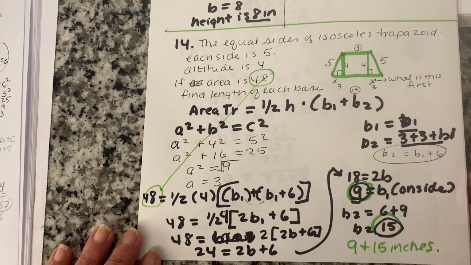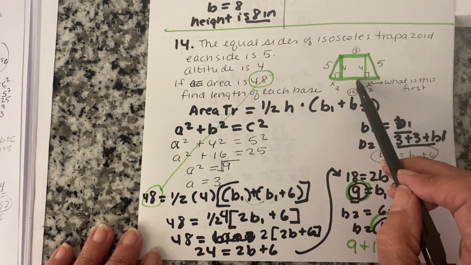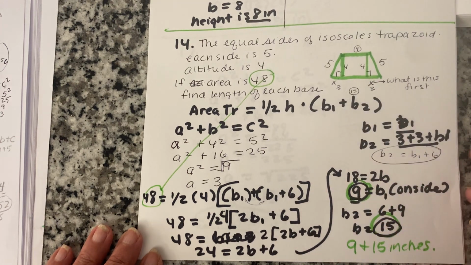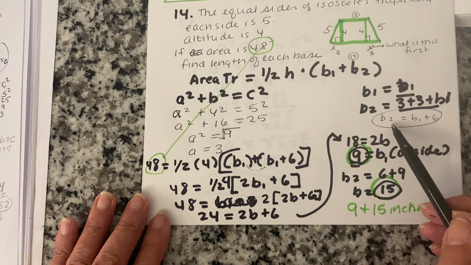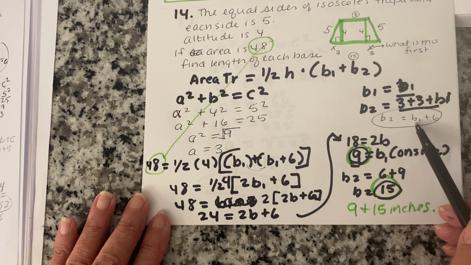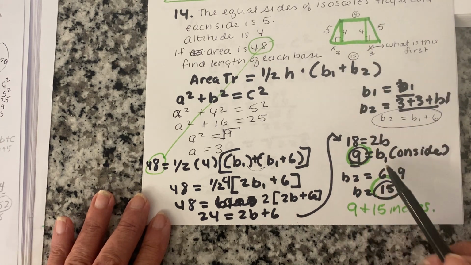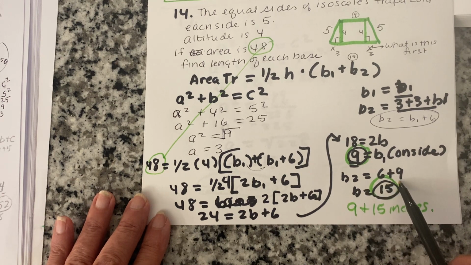We know this side is going to be 9. If this side is 9, then what's this side going to be? 9 plus 3 plus 3, so 9 plus 6. We said b2 is going to be b1 plus 6, because we're going to add those 3's on there, right? So b2 equals 6 plus 9, so b2 is going to be 15.